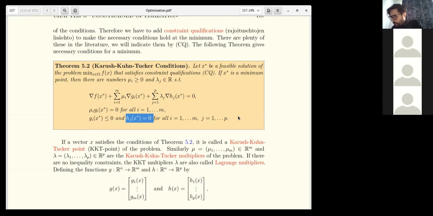Let's say that the minimum is here at the edge. Let's say that this is my minimum, x star. We are at the edge of such a region. So the gradient need not be 0 now.